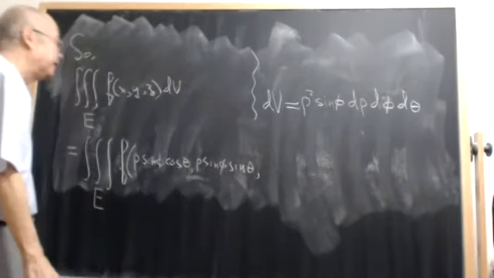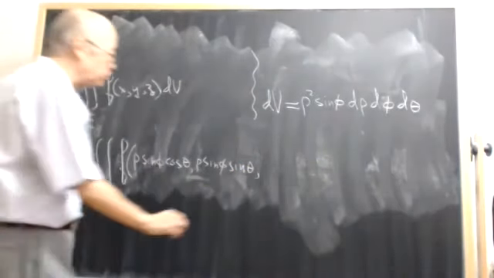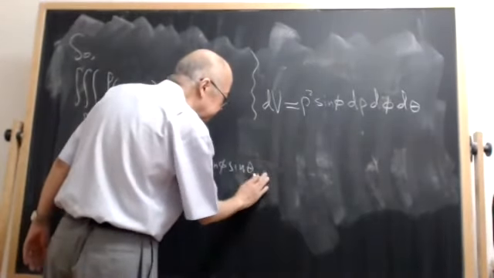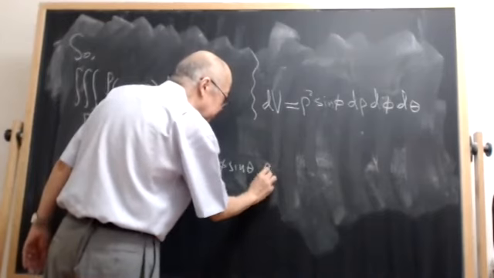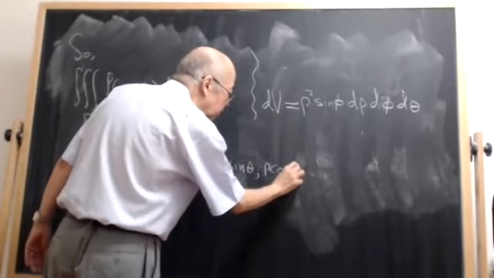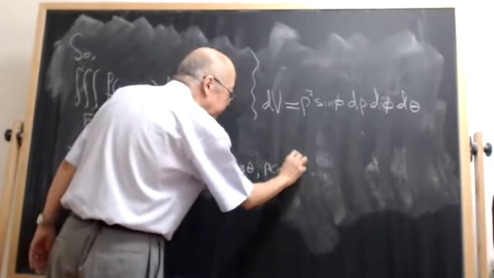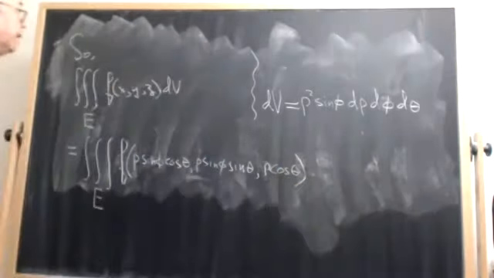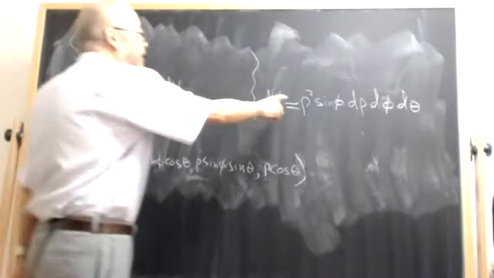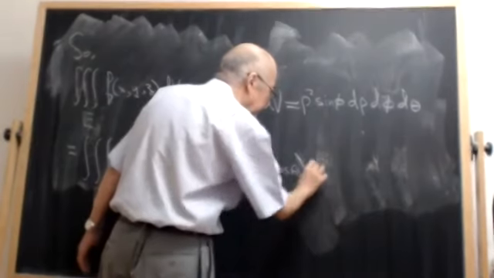And z is rho cosine phi. And then we have dV, and dV is this one.